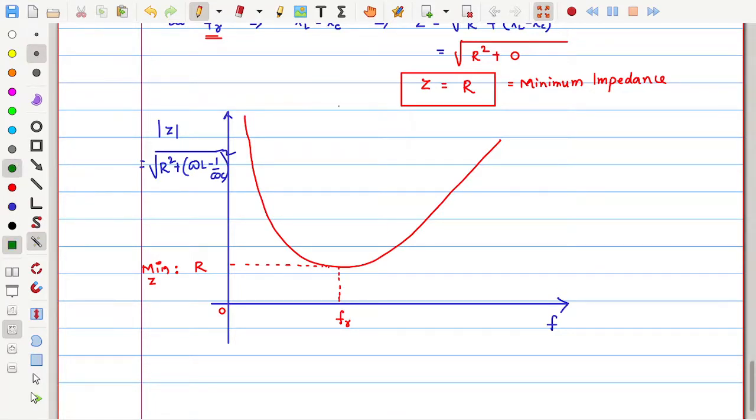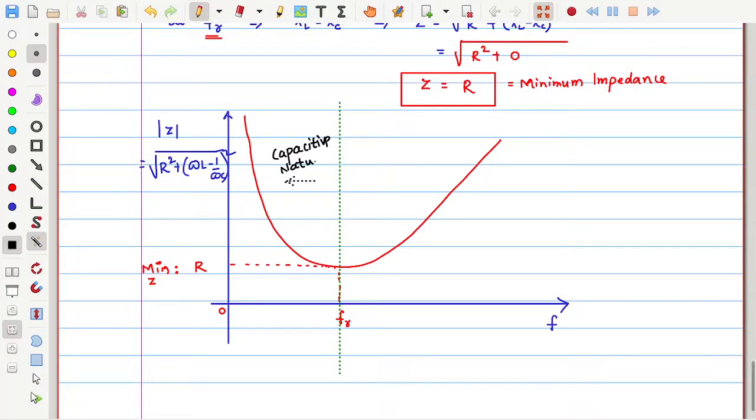Just see here, this green color line, just try to observe. Towards this left side, it looks like capacitive nature.